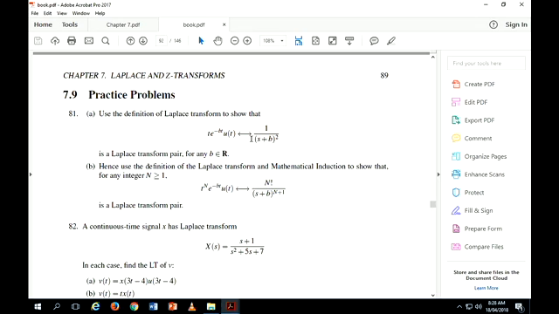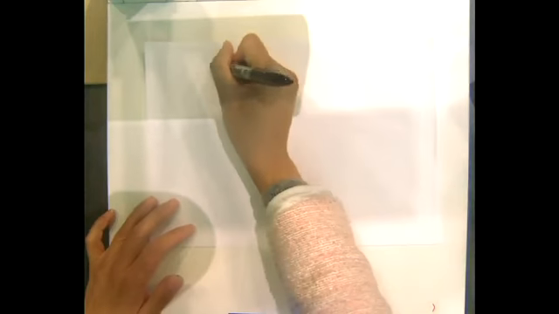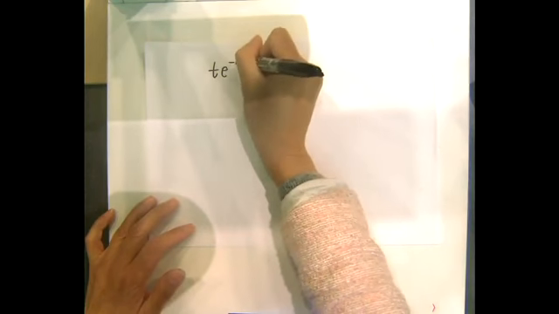So let me first prove the first question, 81A. Okay, here is t e minus bt.